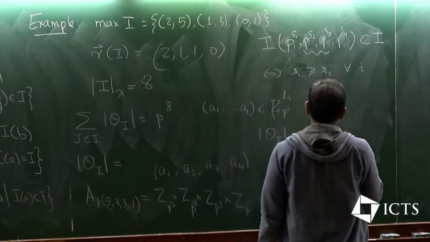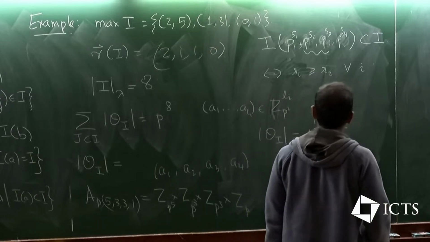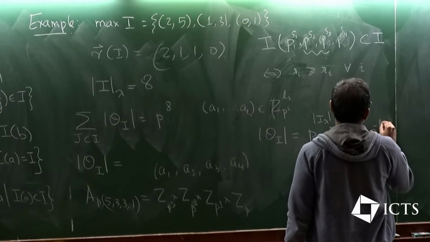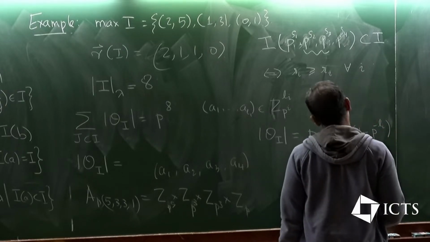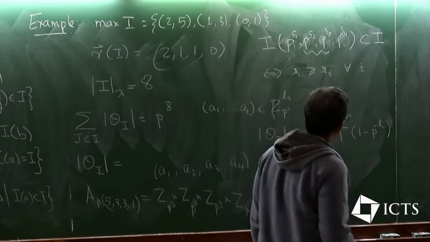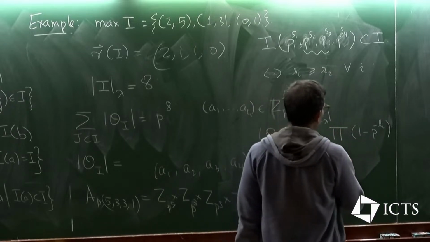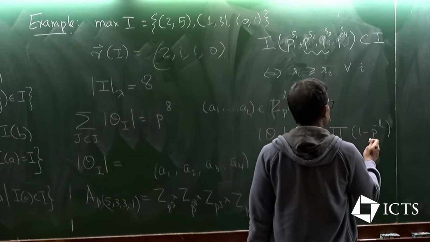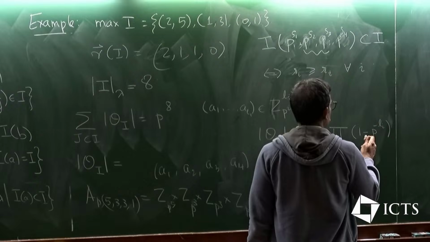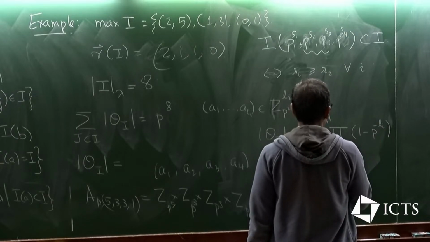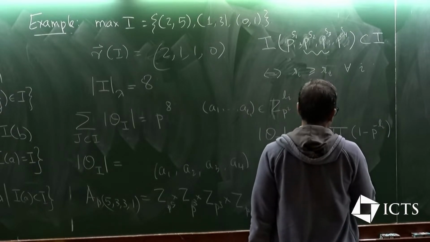So what you'll get is a product of 1 minus p to the minus λ_i. And this is just overall. So if λ_i is 0, this becomes 0, so I shouldn't do that. So I should just take the product over all i such that λ_i is positive.